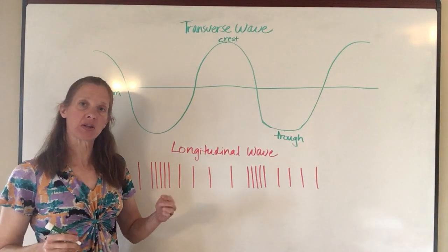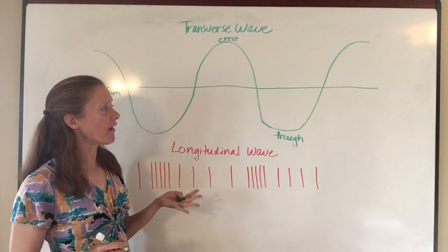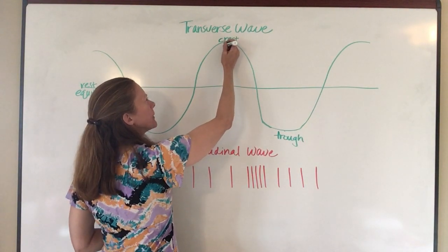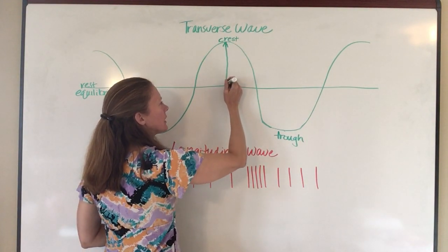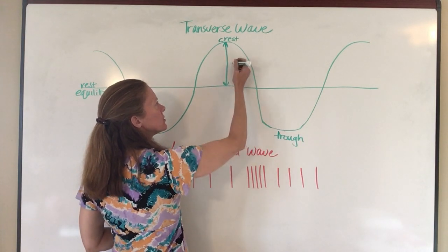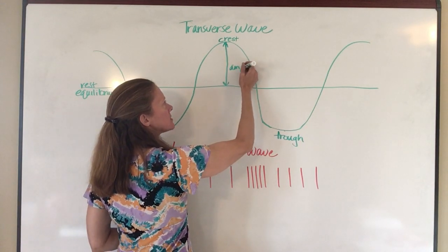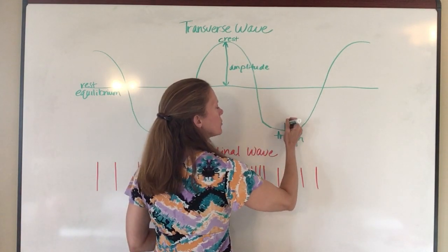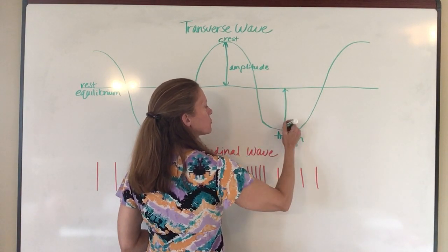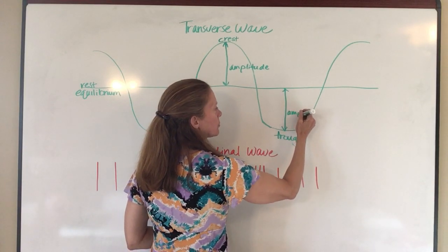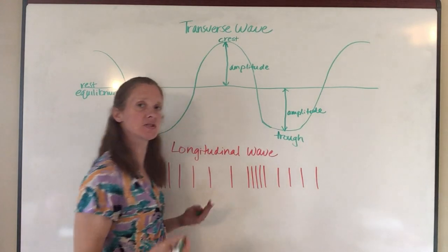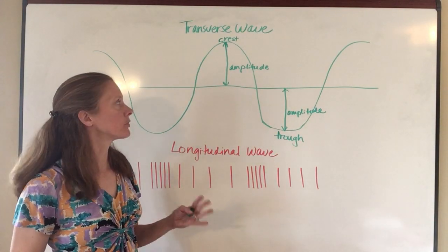And just like we talked about before, the area of maximum displacement is called the amplitude, not the altitude. It's called the amplitude. So the distance from the crest to the equilibrium position would be the amplitude, or you could also measure it from the trough to the equilibrium position, and that will be classified as the amplitude as well. The distance is going to be the same in both cases.